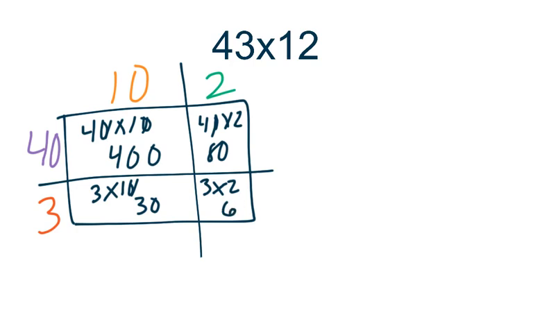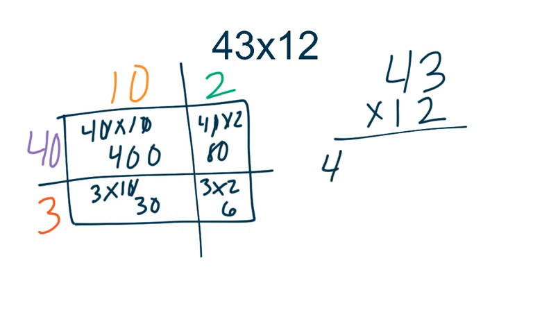Now, here's the difference between area model and partial products. When we're doing our partial products, we're actually going to set this up vertically. So we're going to have 43 times 12. But we're going to essentially do the same thing when it comes to expanding our numbers. So we're going to expand 43 2 times.